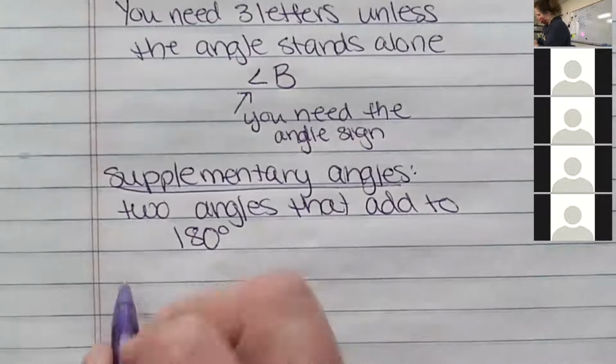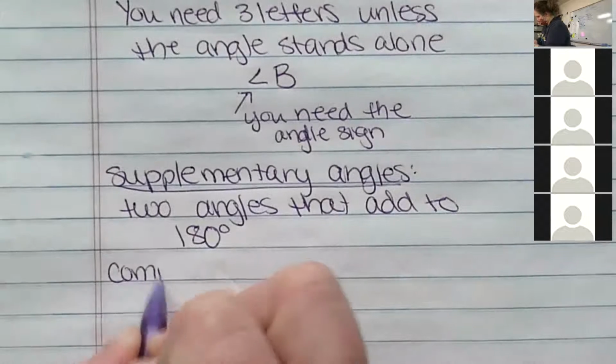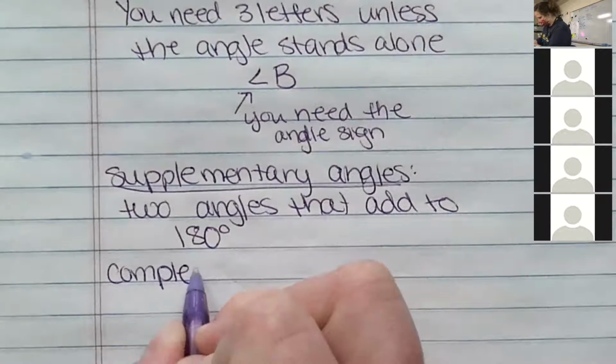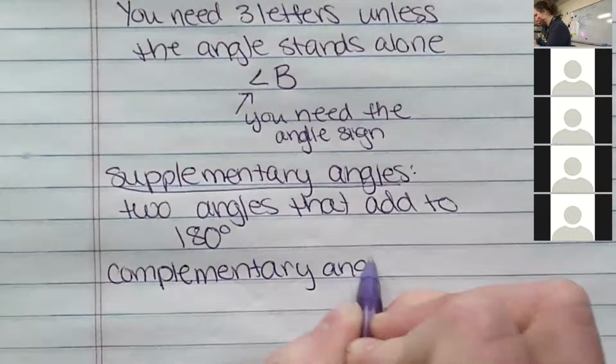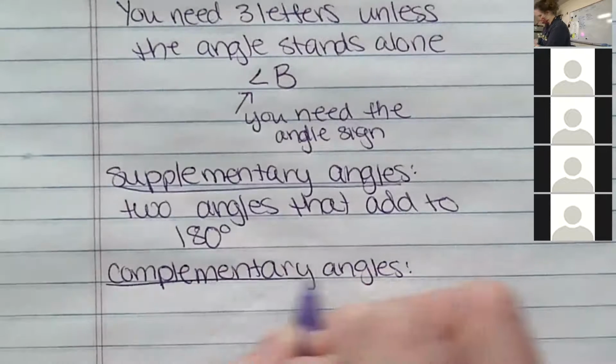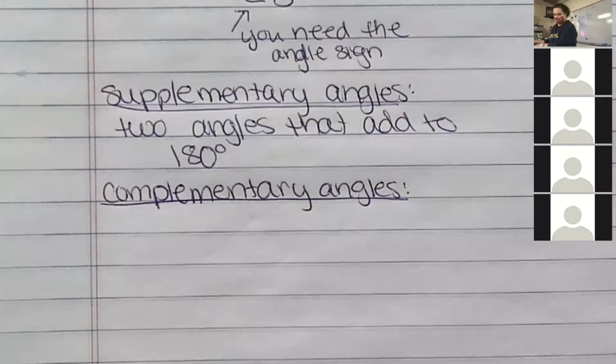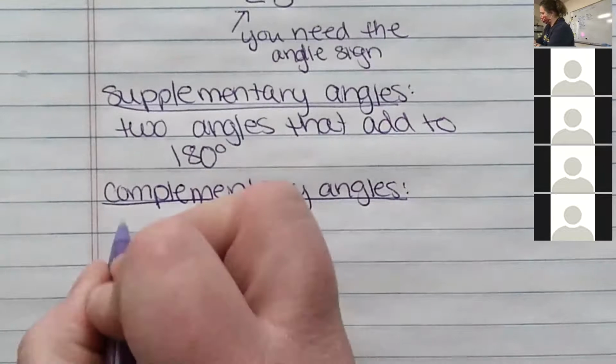Okay, complementary angles. They're so nice, they're so complimentary. Rough crowd around here. They don't just say nice things about each other. What do you think they're going to add to?